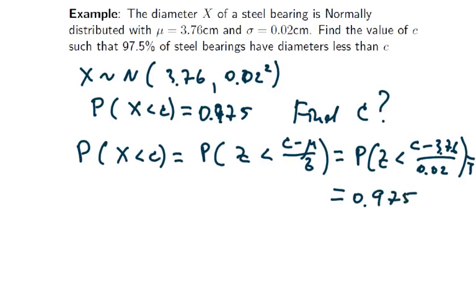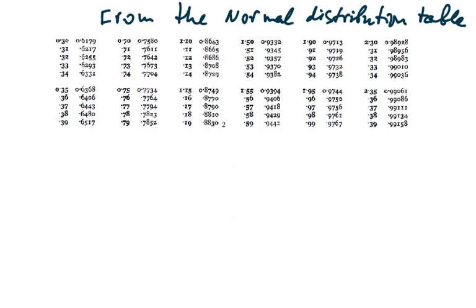So now we know the value of phi, let's say phi of x equals 0.975, and from here we can find x. So now we use the table for normal distribution in the opposite way.